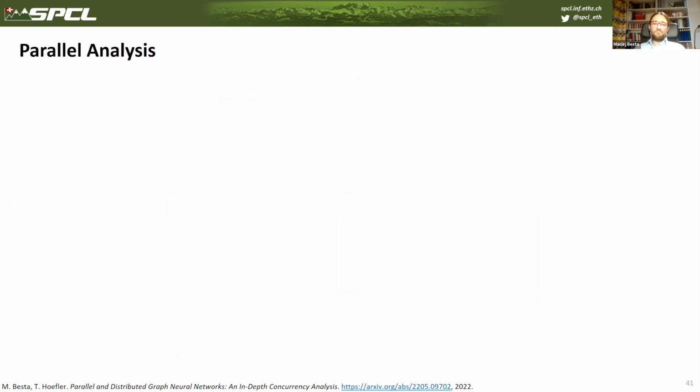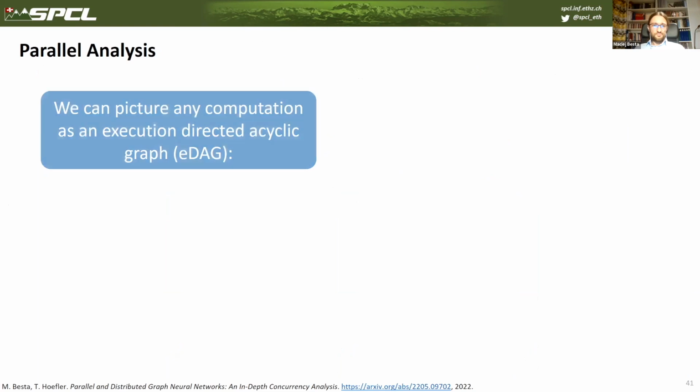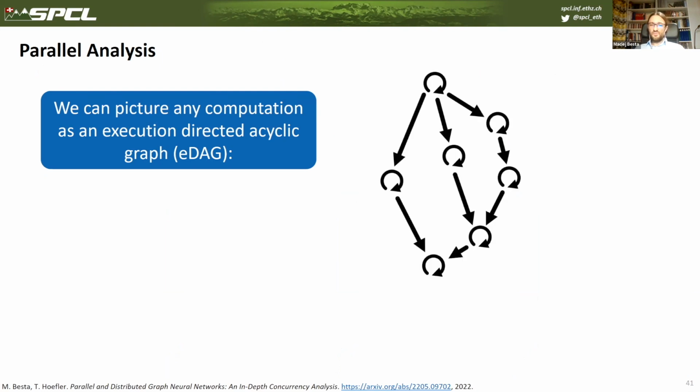Now let's delve a bit into the formal foundations of parallelism in the GNN models expressed with local formulations. For this, we are going to use a certain theoretical framework known in parallel computation called the work-depth framework. In this framework, we picture any computation that we have as an execution-directed acyclic graph, EDAG. This graph here illustrates some arbitrary execution that we may have in our GNN pipeline.